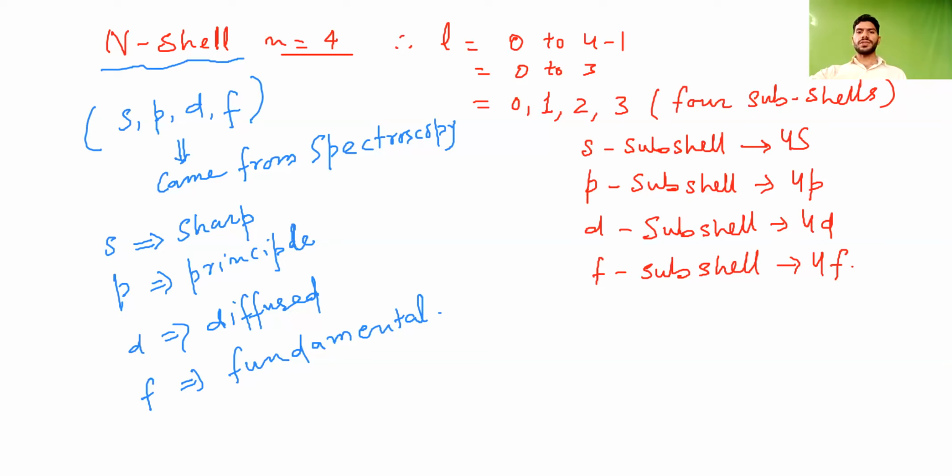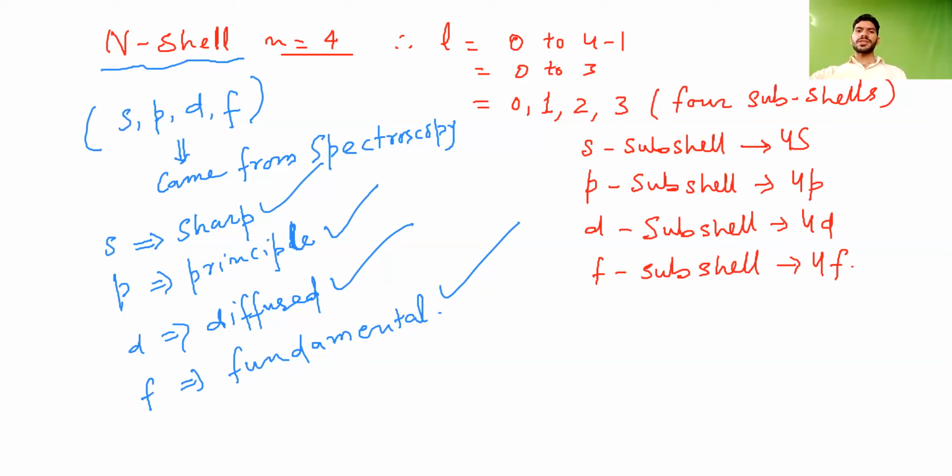When we take the spectra of any molecule, we get some sharp lines, so that's S. We get some principal lines, so that's P. Some spectral lines are diffused, not too sharp, that's D. Similarly, some are fundamental lines. So you can remember these terms as SPDF: sharp, principal, diffused, and fundamental.